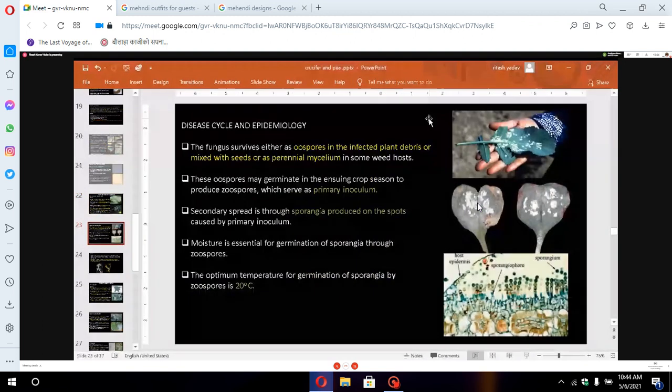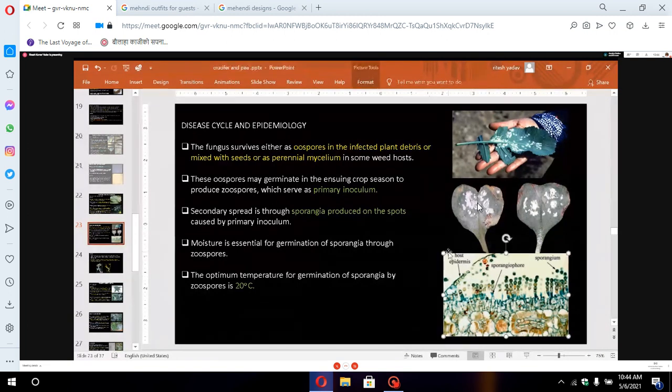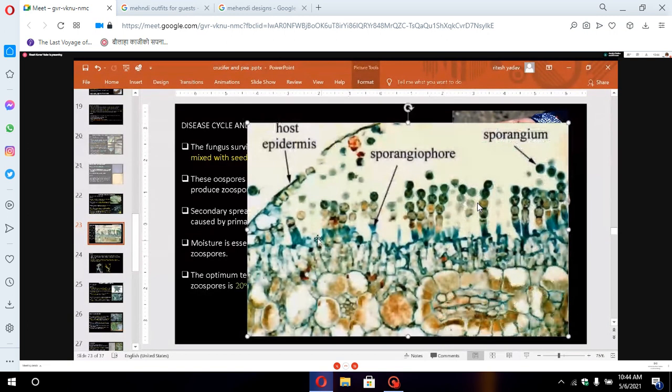About the pathogen, you have already studied this. Albugo candida is an obligate parasite and a member of the oomycetes. Spores are formed; we discussed that they produce club-shaped sporangia. Oval sporangia are produced in chains in a basipetal manner, so the oldest one is at the top and the youngest at the bottom.